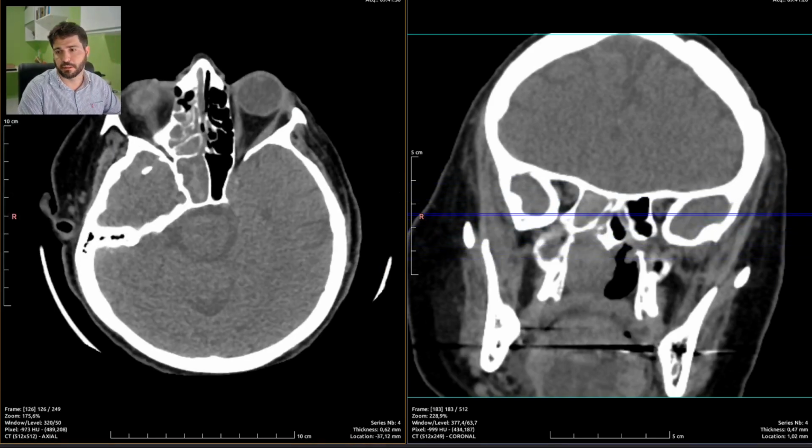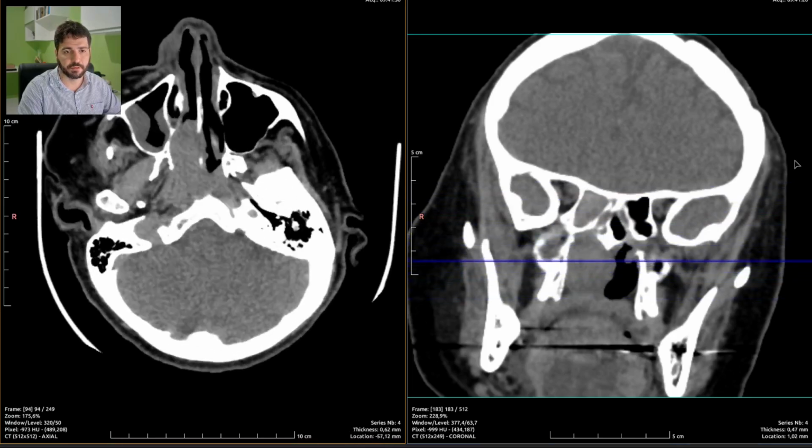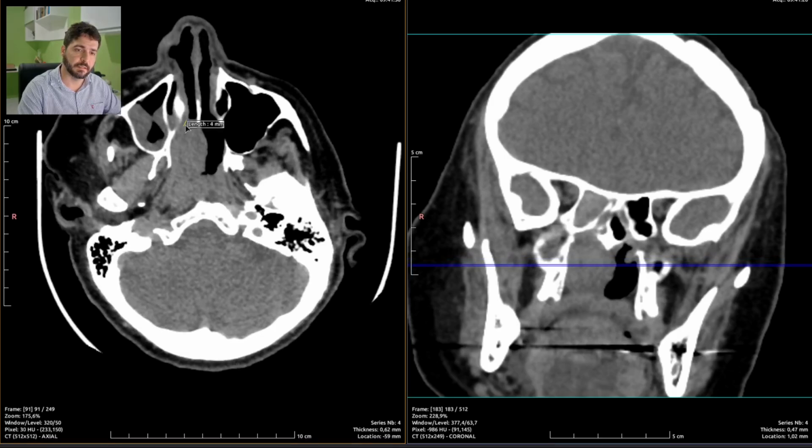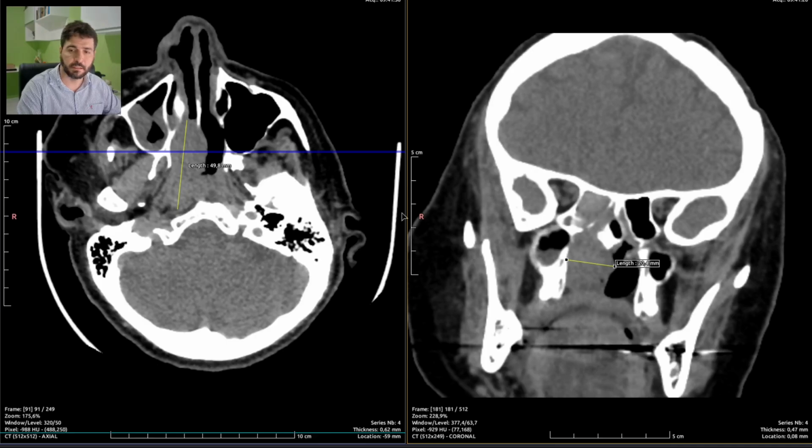Let's measure it on 2 axes at least. So for the first axis is this 49, and the other axis is at least this 20 millimeters, 2.0 centimeters. So I'm going to describe the large mass on the right nasal cavity.